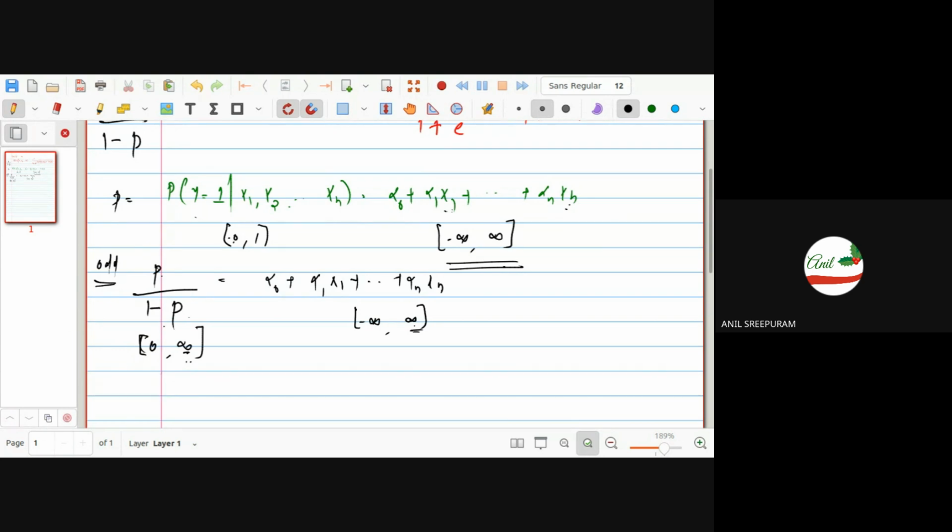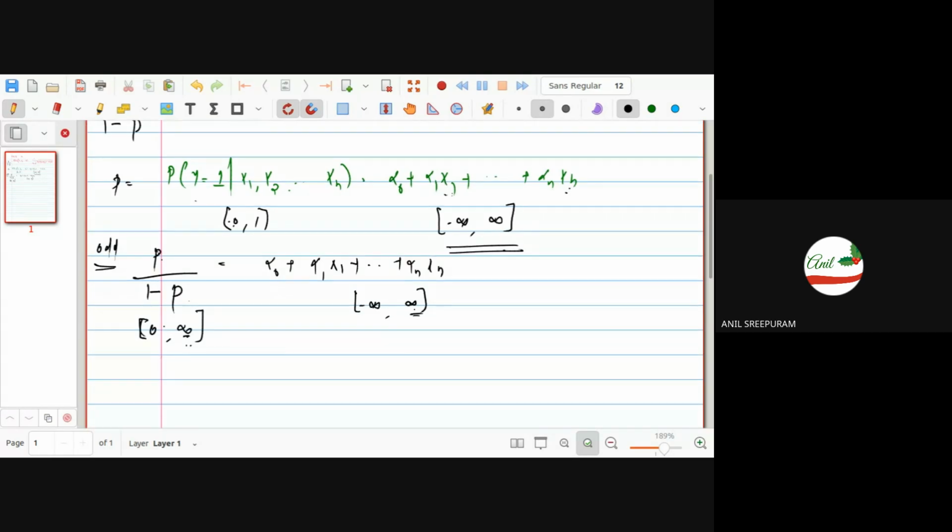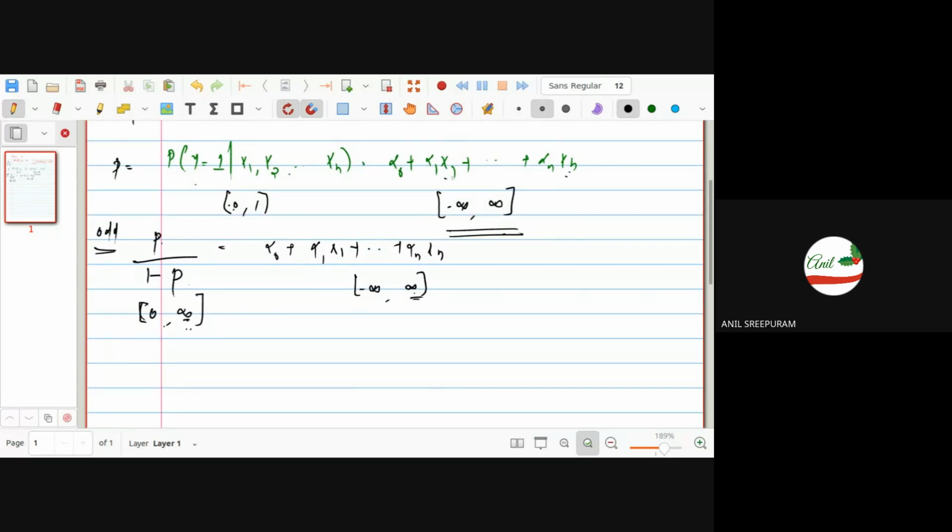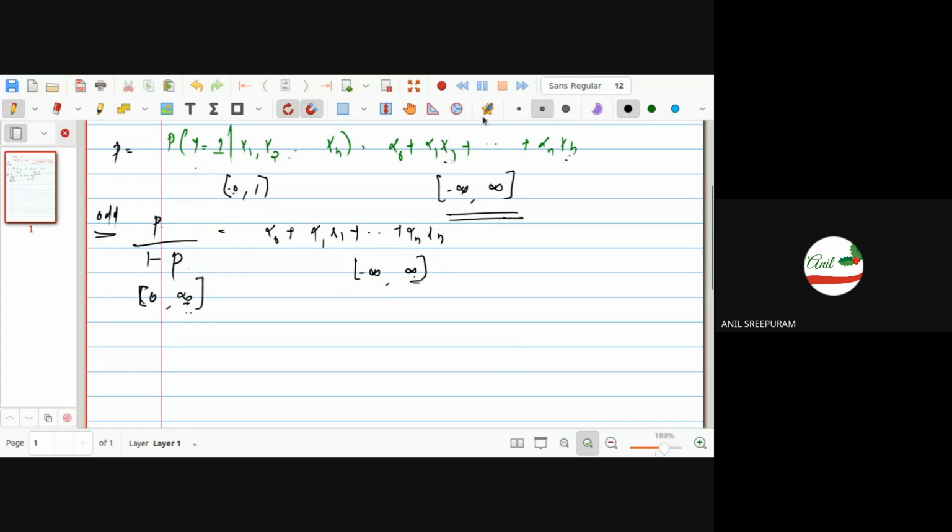Now, the upper limit is the same, but still the left-hand side is having the lower limit 0, but in the right side of the linear combination, the lower limit is minus infinity. So we should be able to match that also. Therefore, what I have to do is I'll be taking the logarithm of this. The thing is that logarithm of 0 can be taken to be minus infinity.